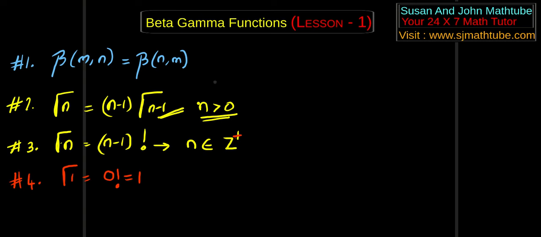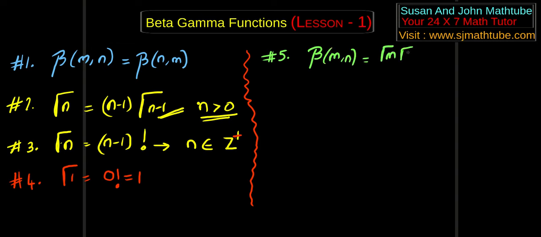And now comes extra important. So please write and please note it. If you want, you can take a screenshot and save it or take a printout. Point number 5. Beta m n is equal to gamma m gamma n the whole divided by gamma m plus n.